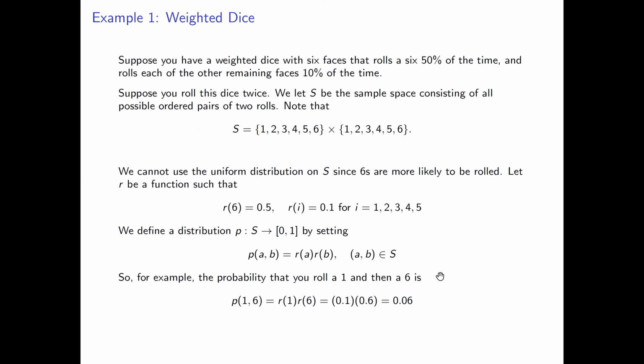This is typically referred to as a product distribution. You can check, just by adding up the values, that this function R is a probability distribution, although it's only a distribution on the set 1 through 6, not on all of S. Now we'll double check that this function P is actually a probability distribution.